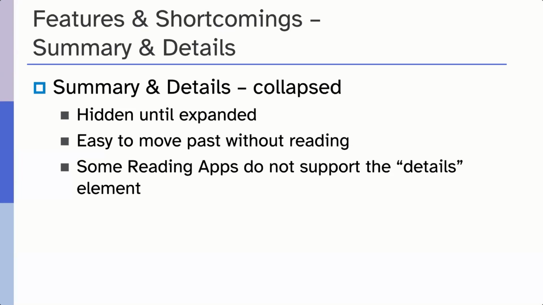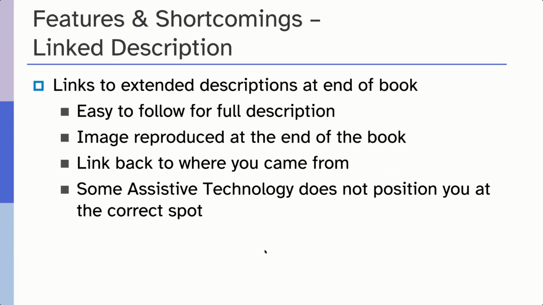So it stays hidden, it's just a button until it is expanded. You don't even have to do anything to move past it to start the reading. But one of the drawbacks is not all apps support the details element. And of course, then it's just always expanded. So our final technique, I'll let Charles describe.